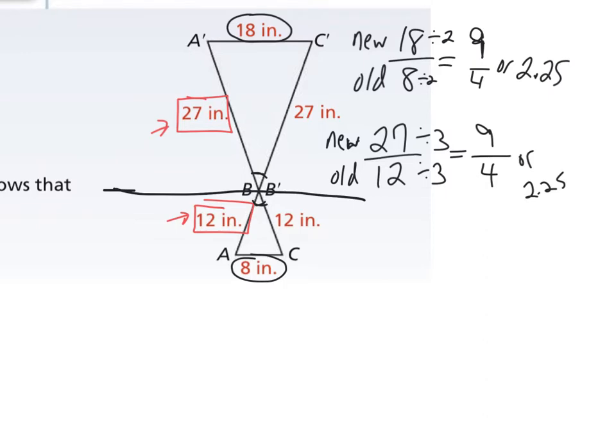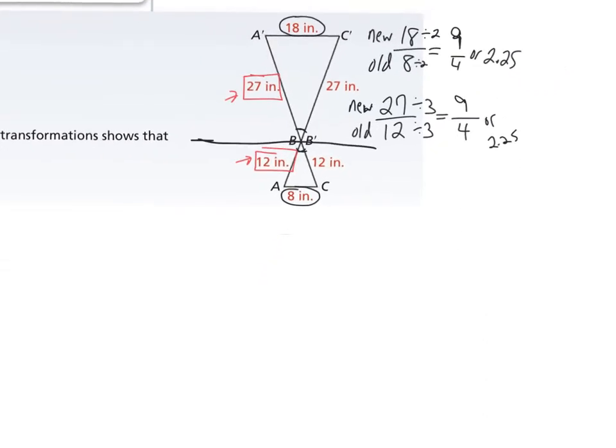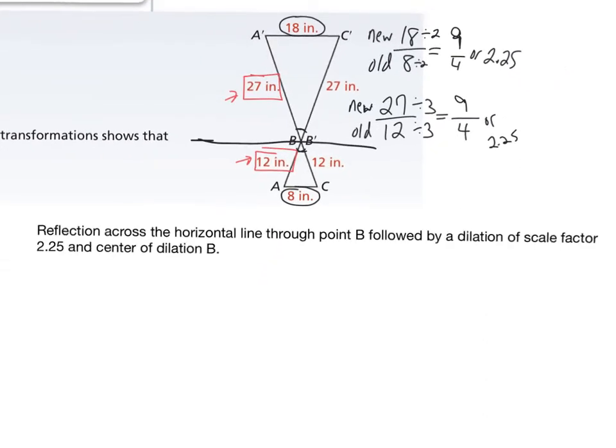And then also we would have to do a dilation. So overall, this is what we'd be looking at. We could say a reflection across the horizontal line through point B, followed by dilation of scale factor 2.25 or 9/4 if you want, and center of dilation is at B.